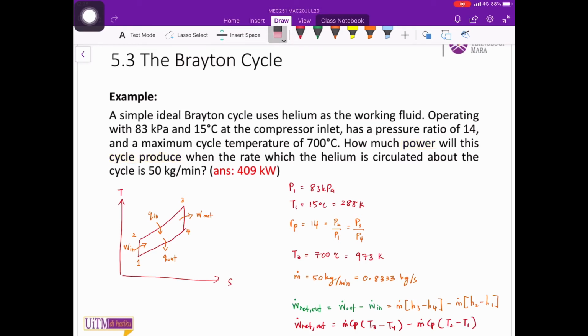Therefore, in order for us to find the power net out for this simple ideal Brayton cycle, first we need to find the temperatures for state 1, state 2, state 3 and state 4.